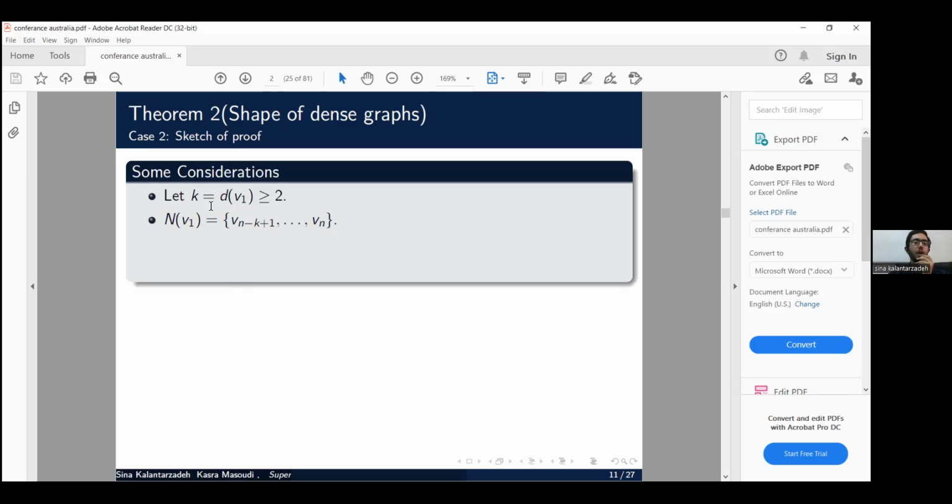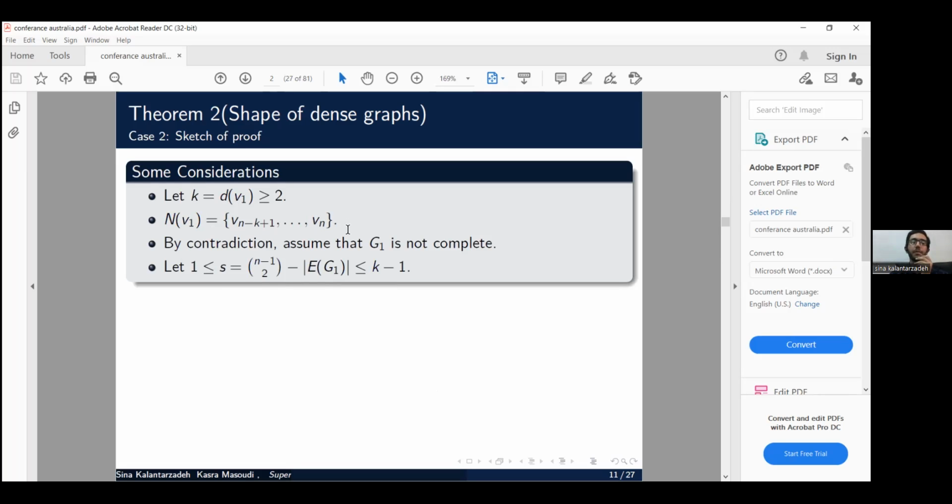Let k equal the degree of V1 and assume that the neighbors of V1 are these vertices, which we can see that the degree of all of them is equal to n minus 1 according to our lemma 2.